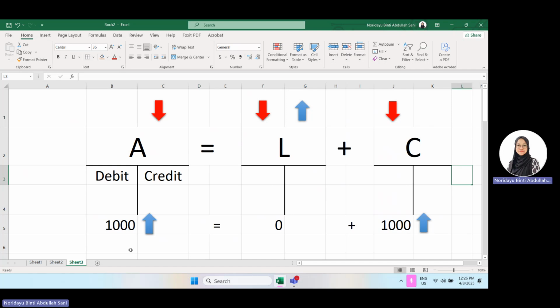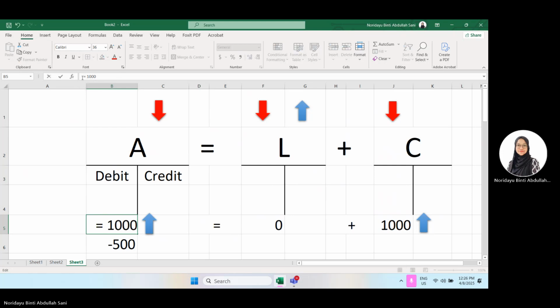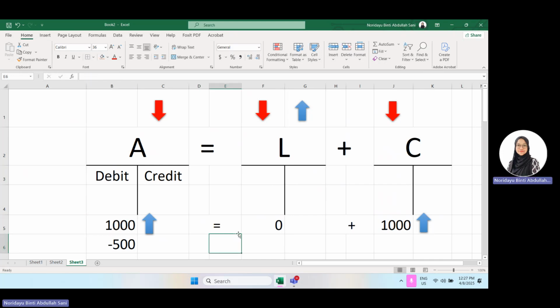So cash is an asset. So my cash is reduced by 500.